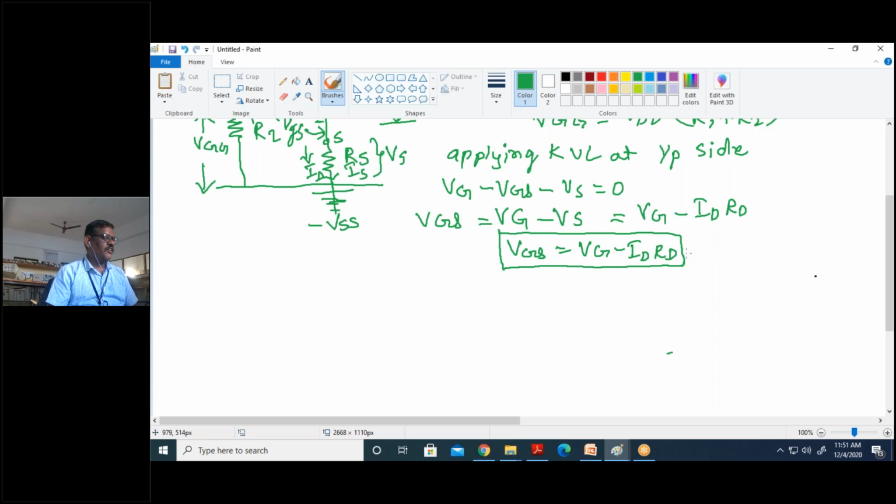Next, applying KVL at output side. Now the equation: VDD minus IDRD minus IDRS is equal to 0.